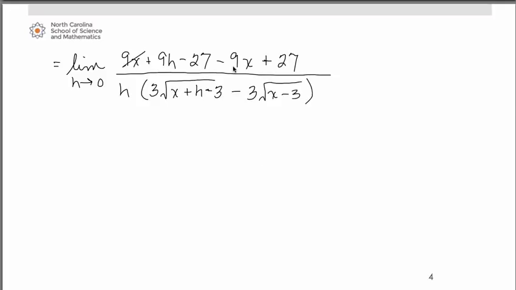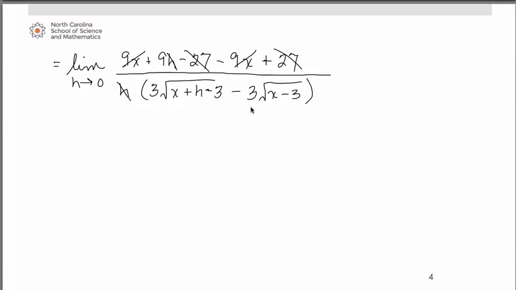So these canceled, and these canceled. The h's then cancel because all you have there in the numerator is that 9h. So these h's cancel.